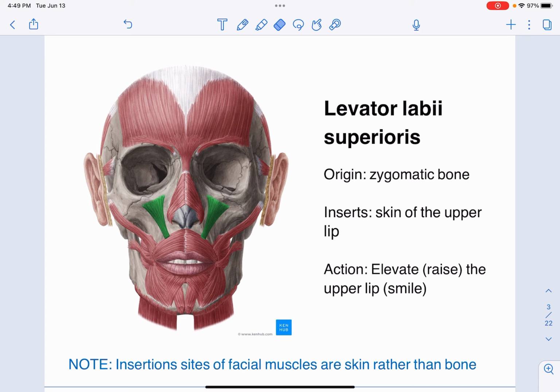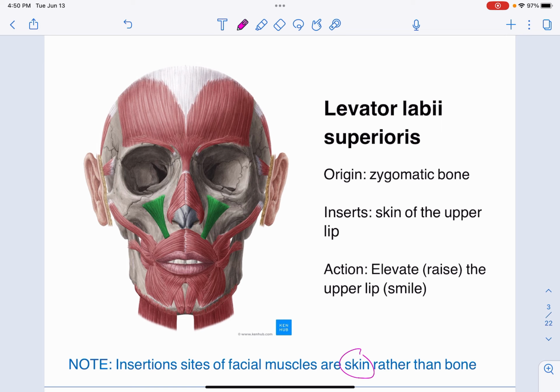All right, another important feature about facial muscles is that the insertion sites of facial muscles are skin rather than bone. Usually you have an origin on a bone and an insertion on a bone because you're usually spanning a joint and trying to move a bone.